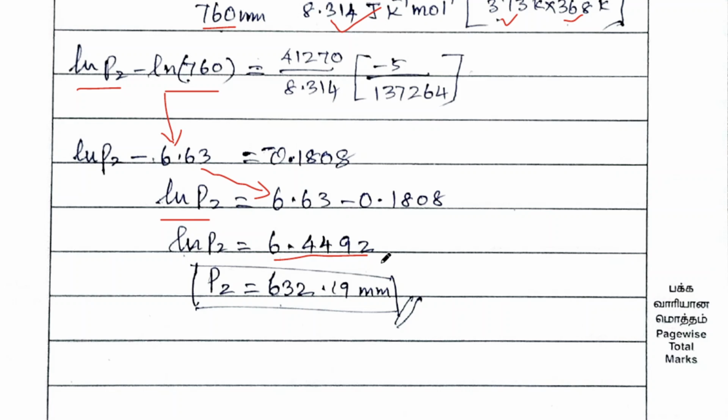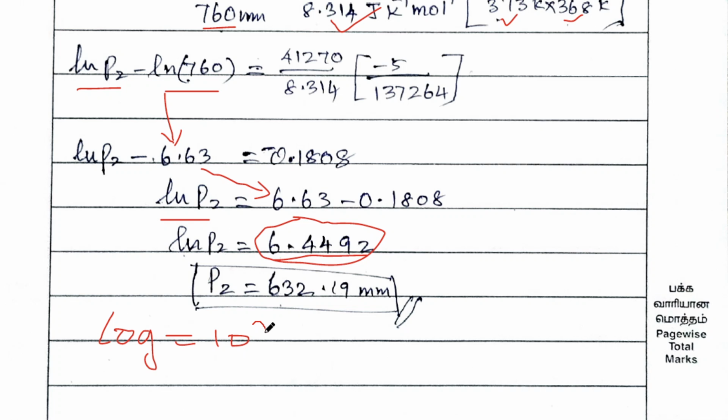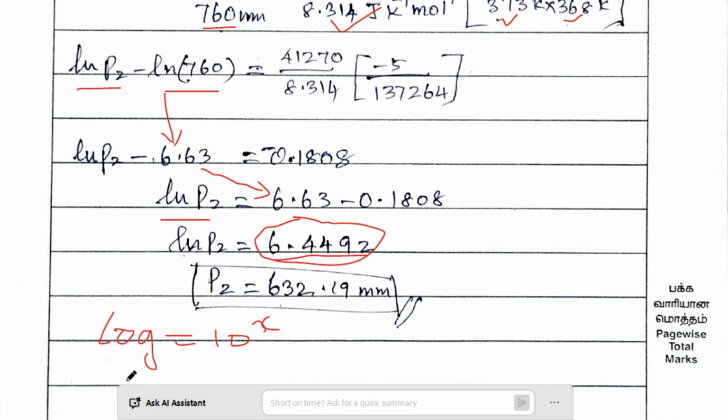Okay, and therefore, taking this anti-log, you also have to consider: if you are using logarithm log, then you have to take 10 power x, and here it is ln P2, so to take the anti-logarithm you have to take e power x.